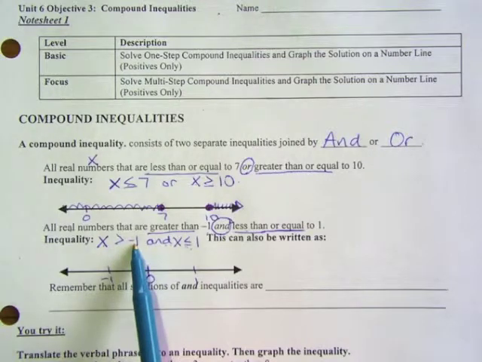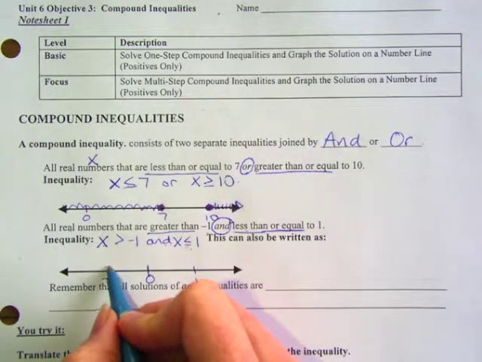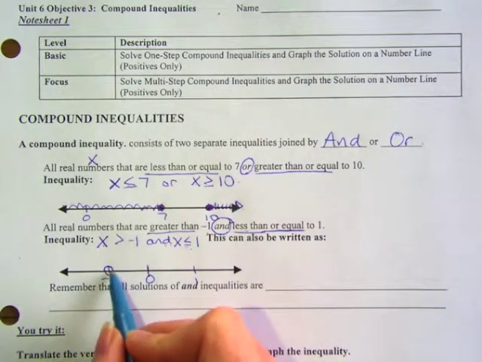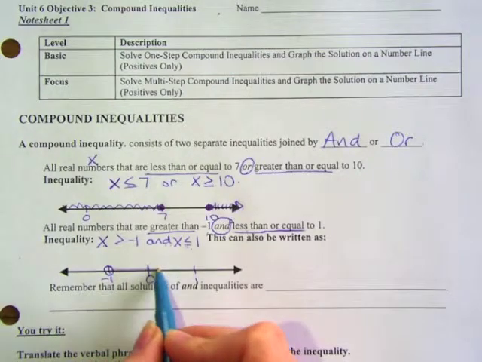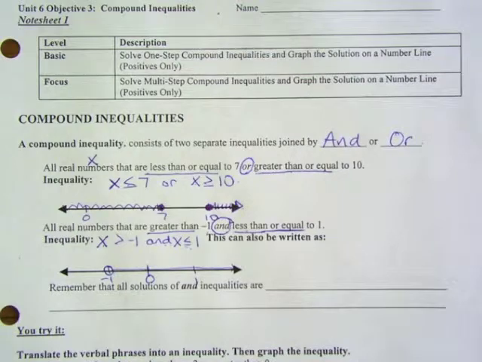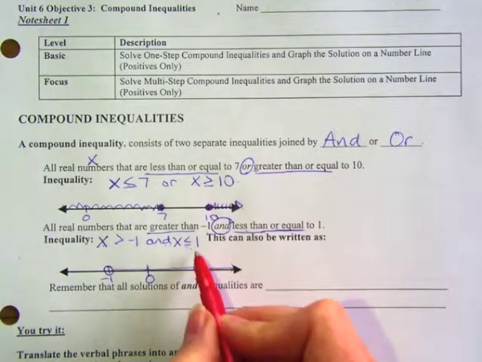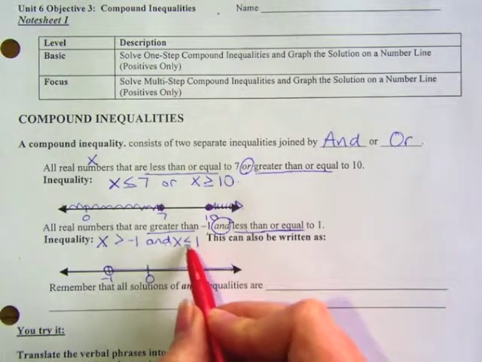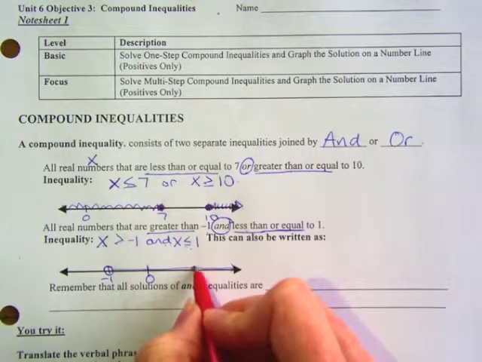I want x values that are greater than -1. First of all, that's an open circle at -1. Greater. I'm going to graph it really lightly, but that goes here to the right. Those go to the right. I'm going to graph the second one in red so we can see it a little bit more clearly. I want x's that are less than or equal to 1. It has the equal to, so I'm going to put a closed circle.